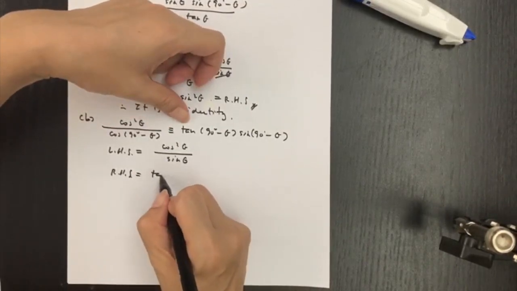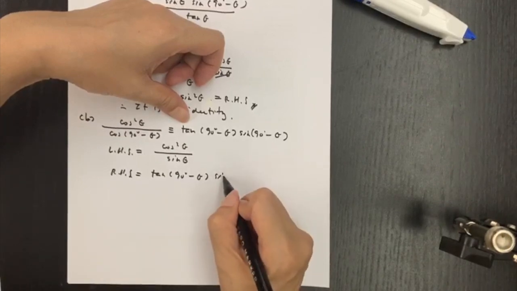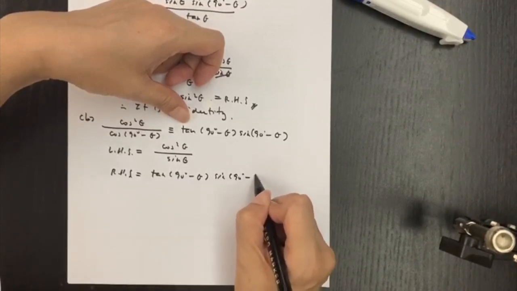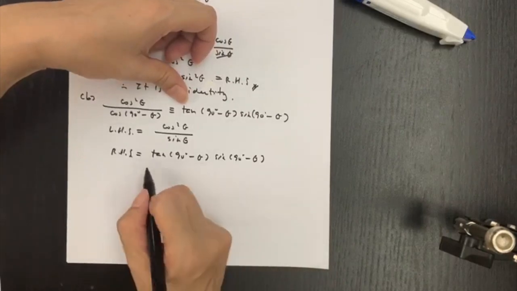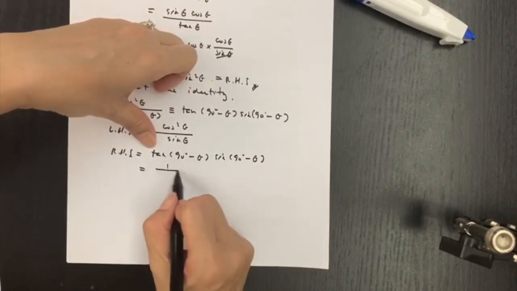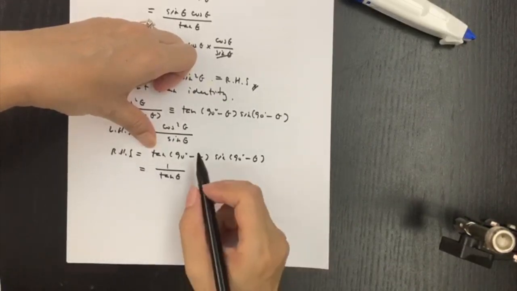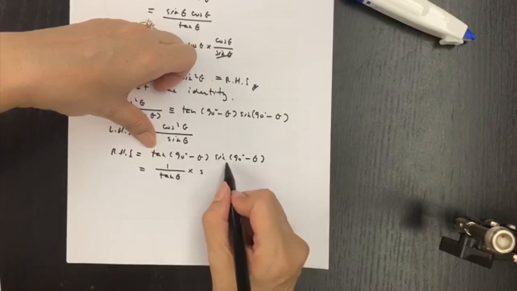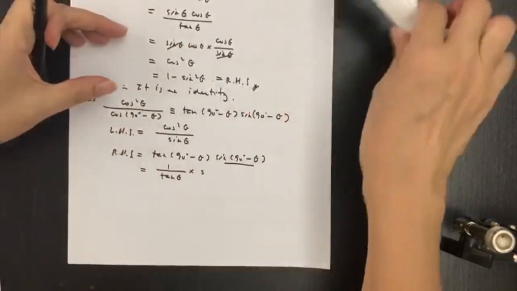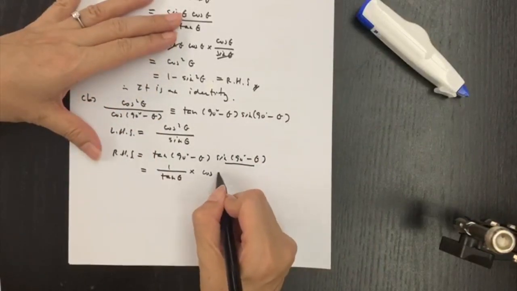Okay, then I have tangent 90 minus theta, and then this is sine 90 minus theta. Is that right? Okay, and what is tangent 90 minus theta, which is same as 1 over tangent theta, and also times this sine 90 minus theta, which is same as cosine theta.